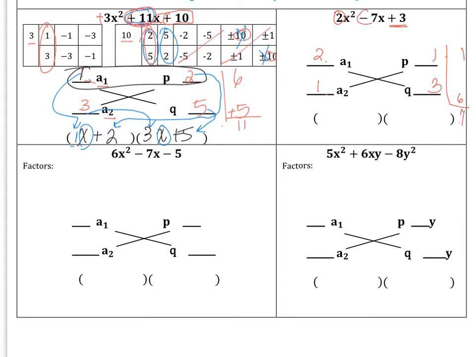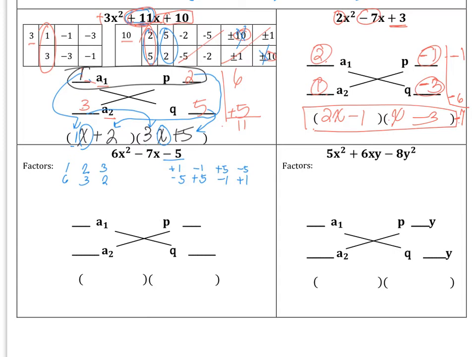But our coefficient here is negative 7. So maybe we need to change the signs here. Okay? So this makes negative 6, negative 1, negative 7. And now we have our factors ready. So 2 times x minus 1, 1 times x, I'm not going to write the 1, and then minus 3. And here is our factored form.